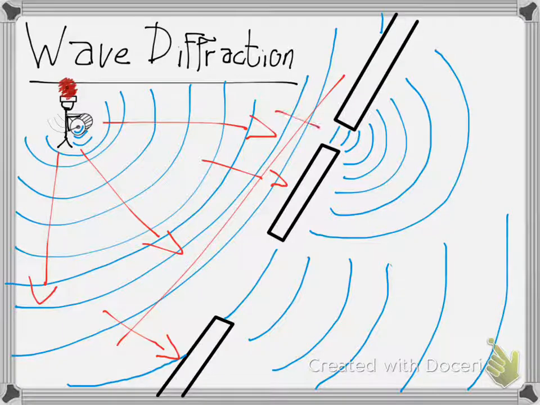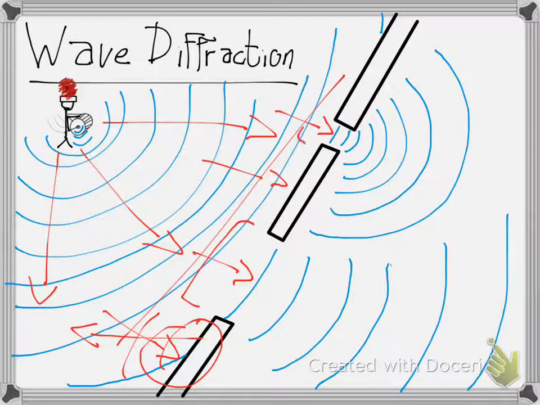And so the sound wave hits the wall, and a chunk of it gets blocked. And it actually will reverberate back out, similar to the way we saw the slinky move. We would send a wave down the slinky, and when it hit a fixed point at the end, it would actually bounce back and reflect. But what we're interested in is what happens to the sections that go through the opening.